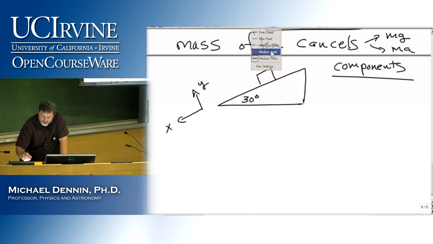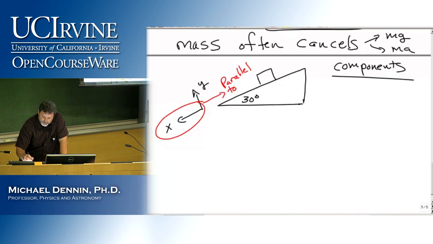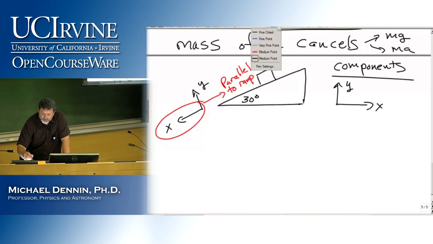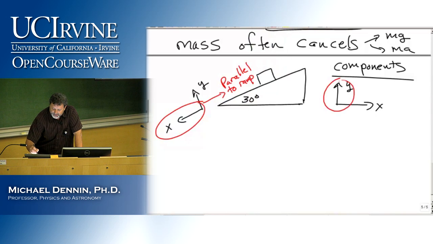Notice what I've done is my x-axis is parallel to the ramp. And I could also draw a normal x and y axis. Here, the key aspect of this is the y-axis is parallel to gravity.